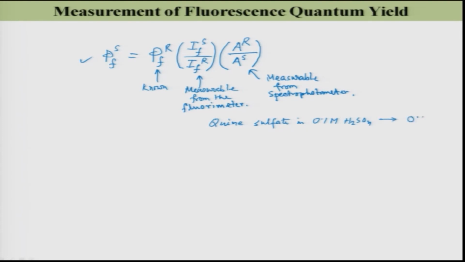This is 0.577. So, you can also use rhodamine 6G in ethanol, this is known, 0.940.